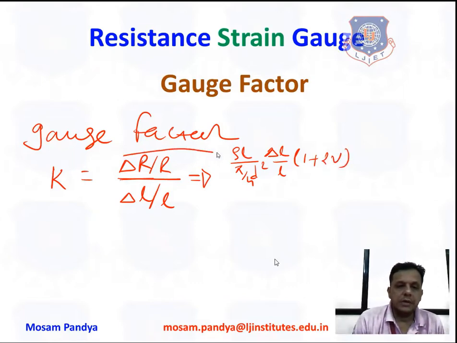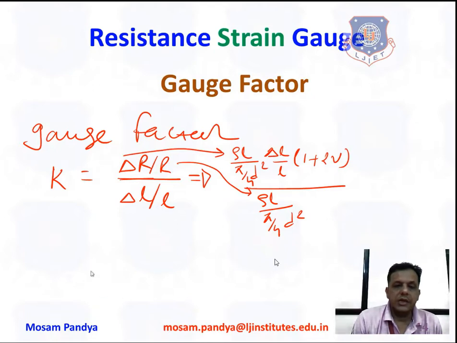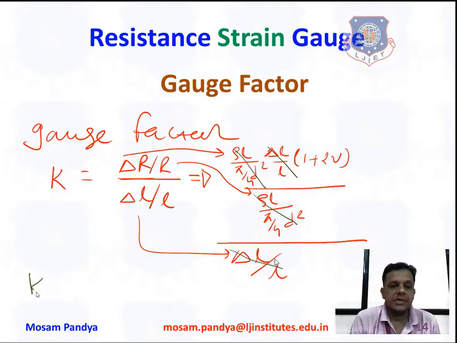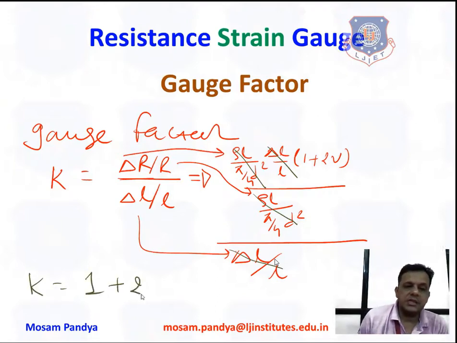Here we have the R equation rho L upon pi by 4 d square, so that will be cancelled out, and in the denominator we write down delta L upon L. Now let us take another color to cancel out: delta L by L will be cancelled out, and the term rho L upon pi by 4 d square will be cancelled out, and straight away the gauge factor is 1 plus 2 mu.